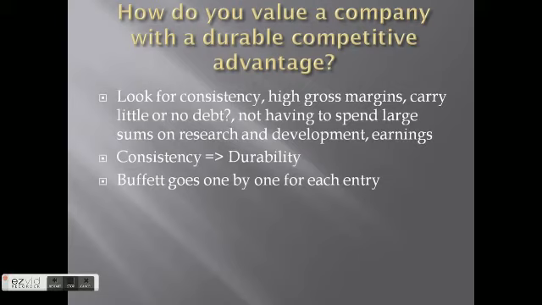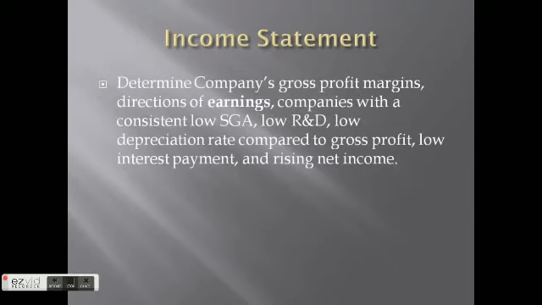And of course, she consistently speaks about consistency builds durability. And she said that Warren Buffett essentially goes entry by entry on the financial statements. He doesn't exactly just look at it and say, "Oh, good enough." He literally goes entry by entry.